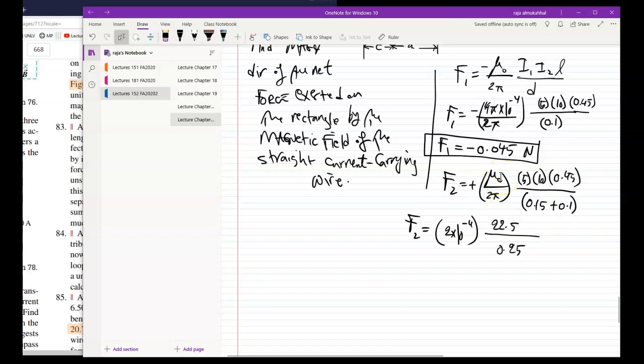So it's going to be 22.5 divided by 0.25 times 2 negative 4. Answer 0.18, I hope. 0.018 Newton. There we go.